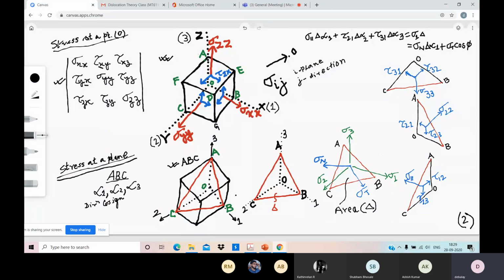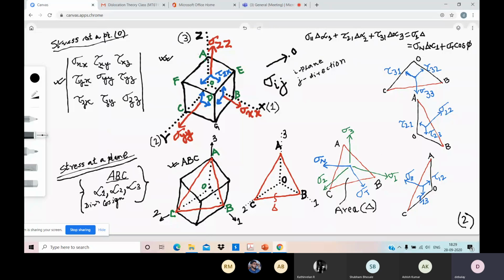And how do we represent the stress on the ABC plane? To define a particular plane, the first thing you need to know is the direction cosine for that plane. Here we write alpha 1, alpha 2, alpha 3 as the direction cosines for the ABC plane.